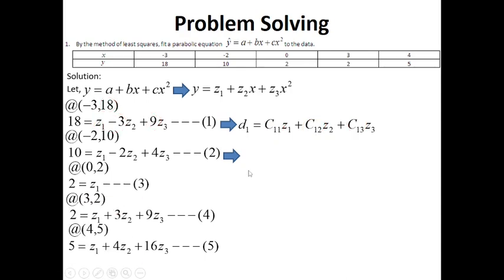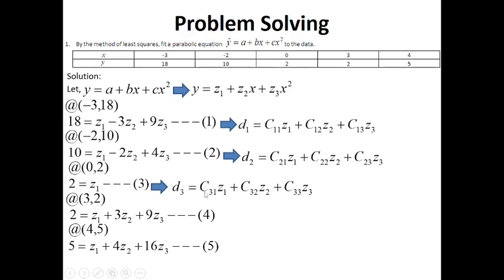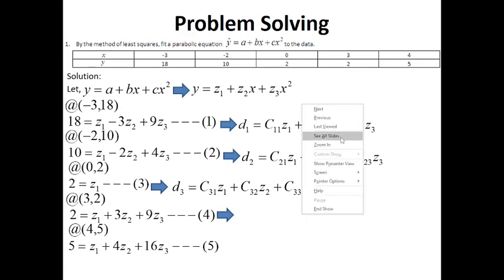And then, we have D sub 2 equals C sub 21 Z1 plus C sub 22 Z2 plus C sub 23 Z3. And then, this is D sub 3 equals C sub 31 Z1 plus C sub 32 Z2 plus C sub 33 Z3. Okay? So, i-follow lang natin ito.